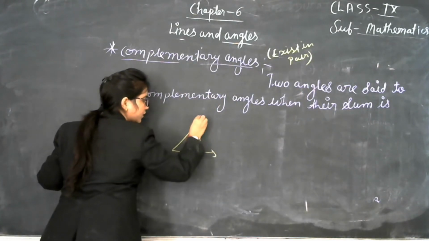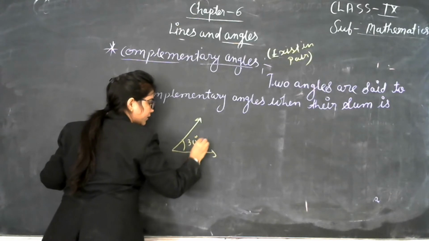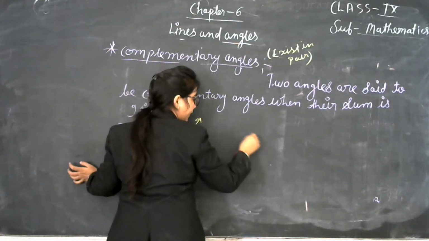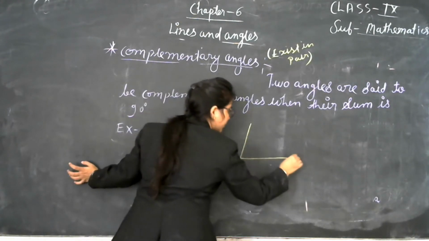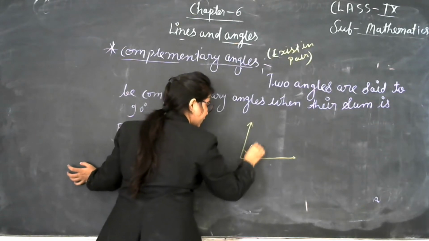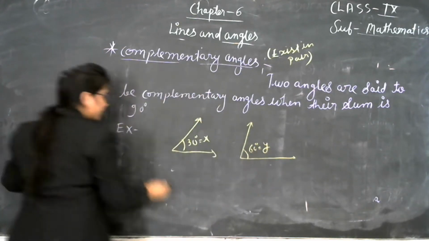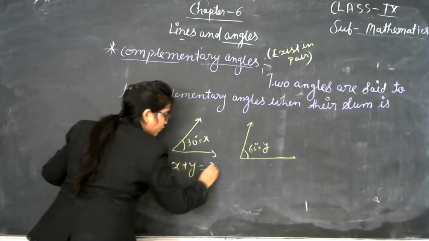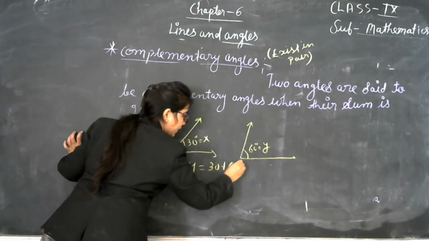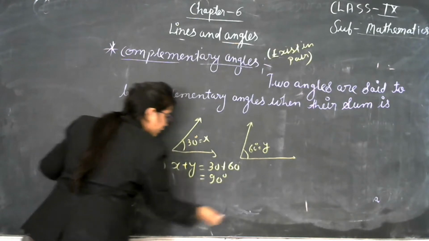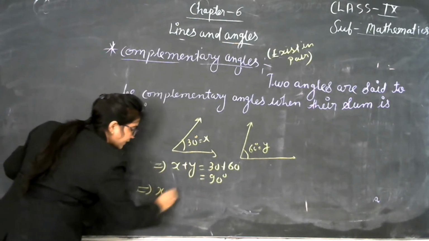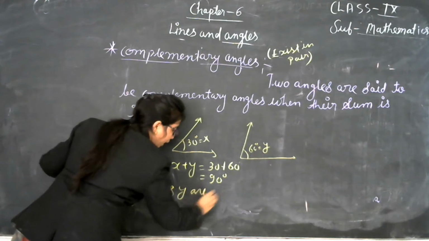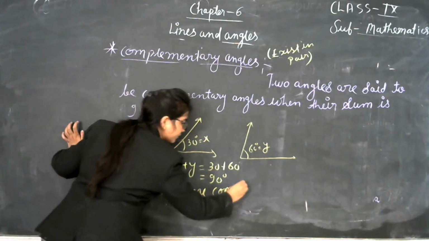Suppose this is 30 degrees, called X, and this is 60 degrees, called Y. It means X plus Y is equal to 30 plus 60, which is 90 degrees. So here X and Y are complementary angles.